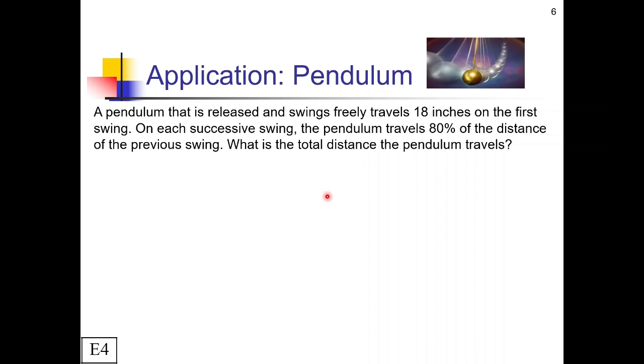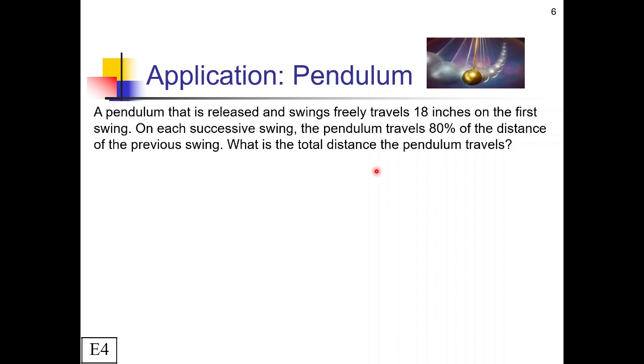So at this point, you might be wondering where you could use this sum of an infinite geometric series in a real life setting, other than maybe a cool party trick. Let's say that we have a pendulum that's released and swings freely, and this thing travels 18 inches on its first swing, and then on each successive swing it travels 80% of the distance from the previous swing.